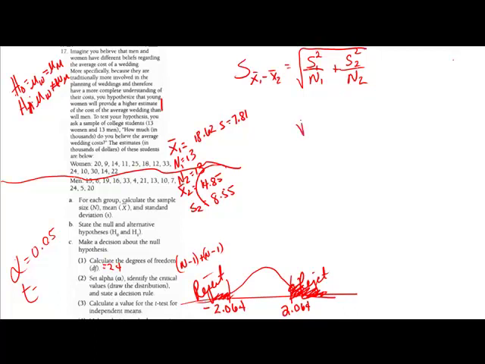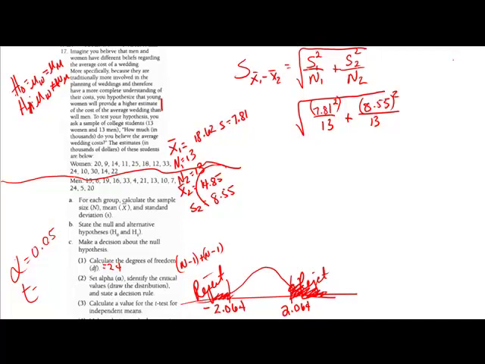Then let's fill in the numbers. S1, 7.81. I'm going to square that. And then divided by 13 plus 8.55. Square that and divide that by 13. Add it together. Let's consult our calculators.